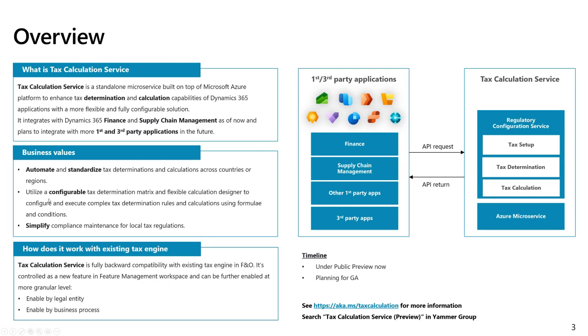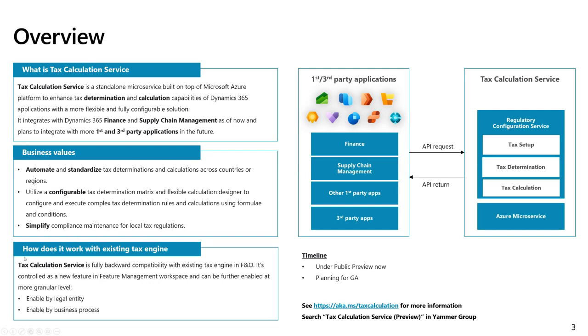Second, we introduce a very configurable platform for you to design your tax calculation behavior. You can understand it as a low code or even no code experience. You don't need professional developers to build extensions for you if you have different tax calculation behavior. You can just configure your formulas and conditions in our engine for your business needs. So with the above 2 business values, it can finally simplify your compliance maintenance for your local tax regulations.